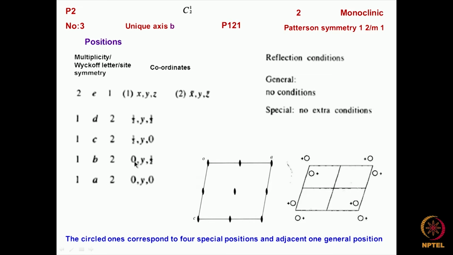So if you consider that, this is 0, A direction 0, Z direction half, Y direction. That means that this point, I can put one here, or this point if I choose it, then this particular position gives where the atom or the motif could be placed, and here it is going to be half, y, half.